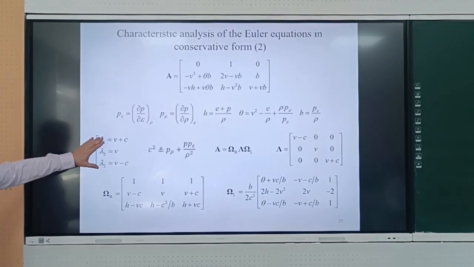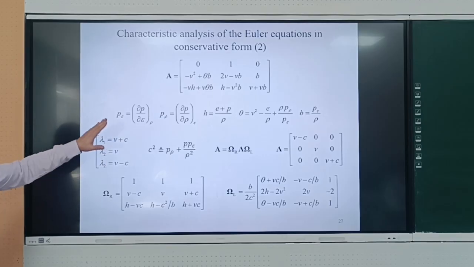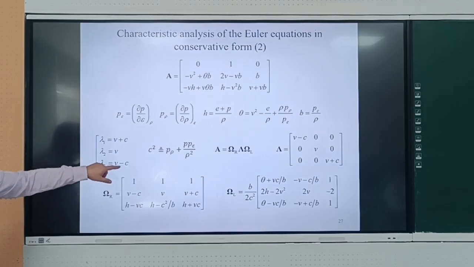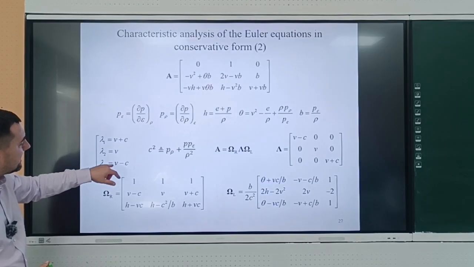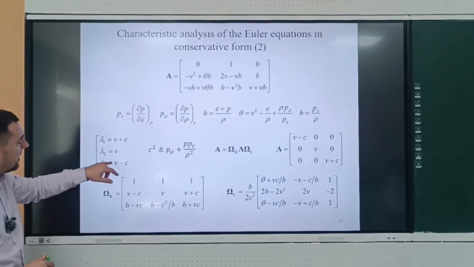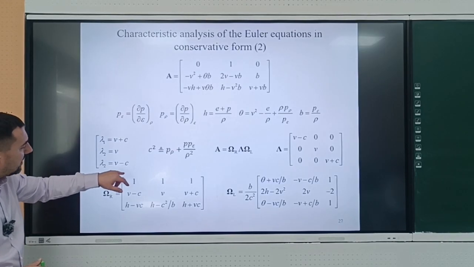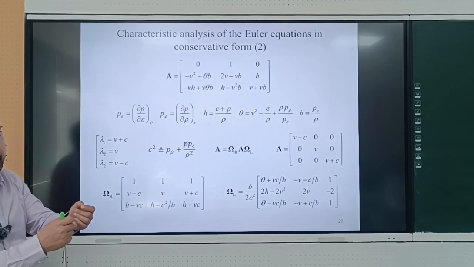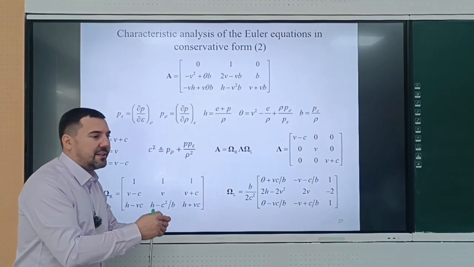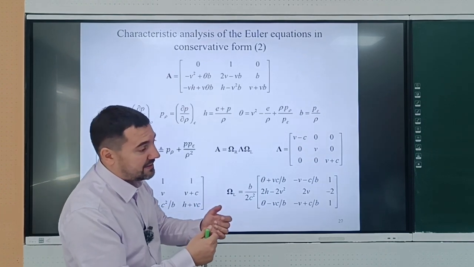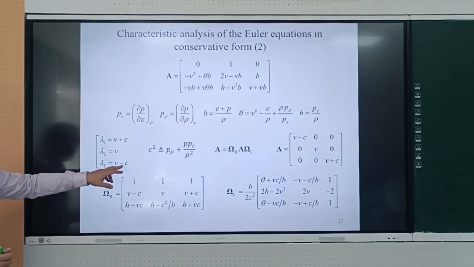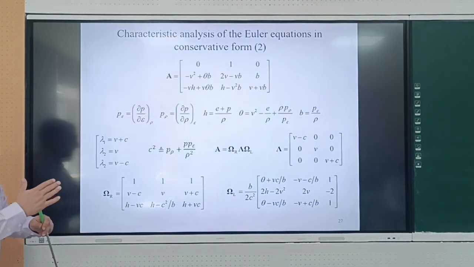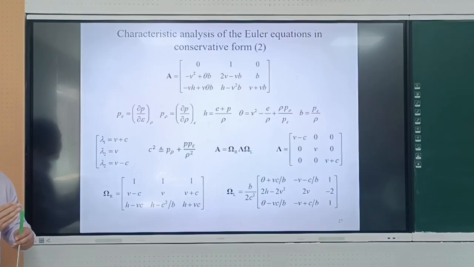And you can see here a lot of very important outcomes. So you can see v minus c. V is the speed of gas, or velocity of gas, and c is the speed of sound. It means that if you have subsonic, supersonic, transonic flow, your eigenvalue will change its sign, and that is why you can get difficulties in numerical solution of your equations, because for different velocities, the behavior of your characteristic lines changes.